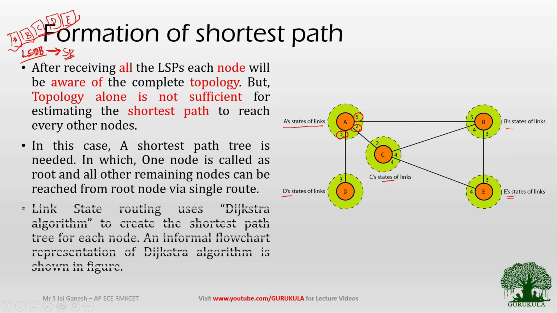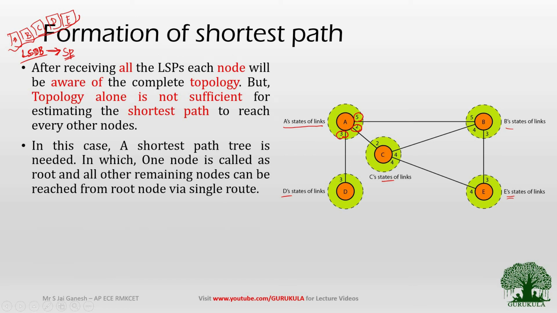Fine. So a shortest path tree is needed so that one node on the network will come to know about every node on the network and also the shortest route it has to take to reach each destination. In the process of forming a shortest path tree, one node is called the root node, and all the other remaining nodes will be visited from the root node.